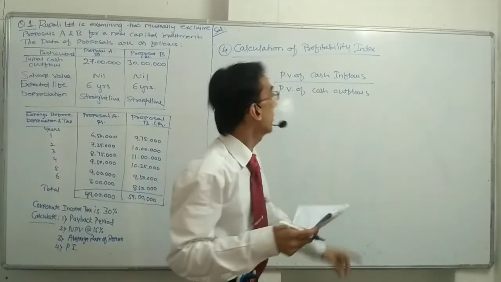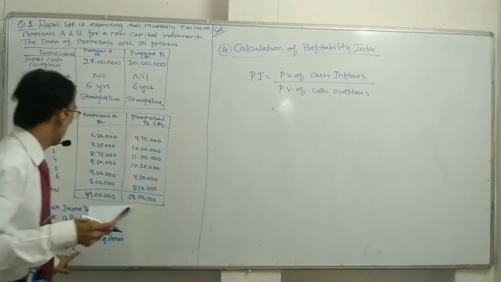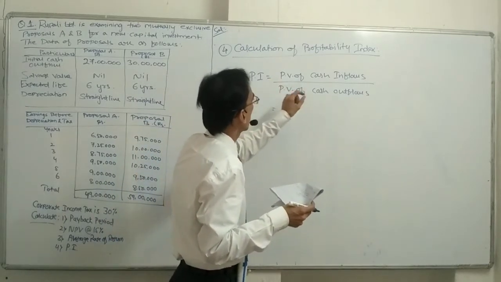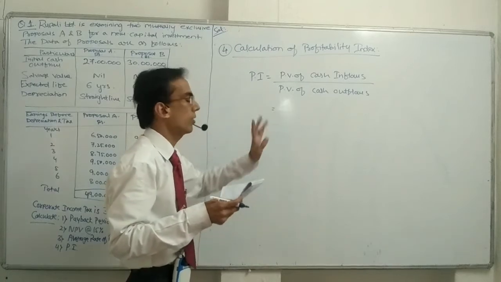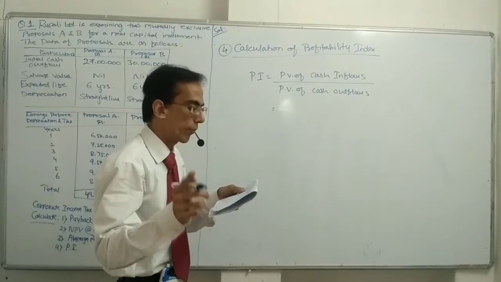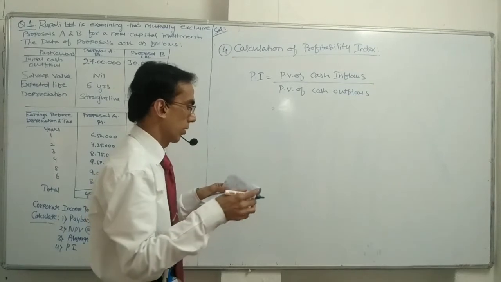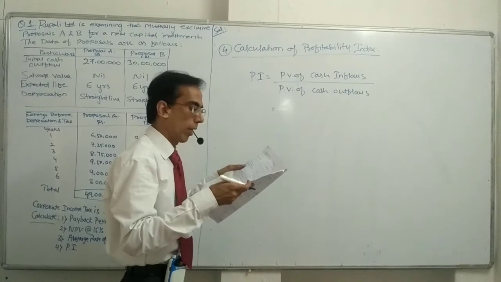Now we will calculate profitability index. That is our 4th point, profitability index. And the formula for profitability index is present value of cash inflows divided by present value of cash outflows. Present value of cash inflows, we have just now present value of cash inflows. You can refer our table.